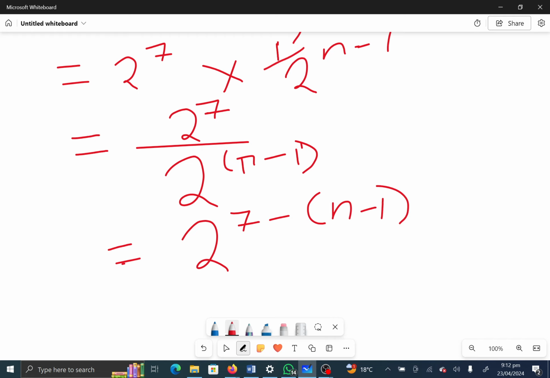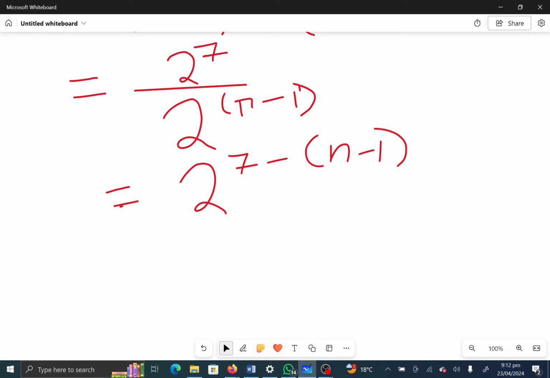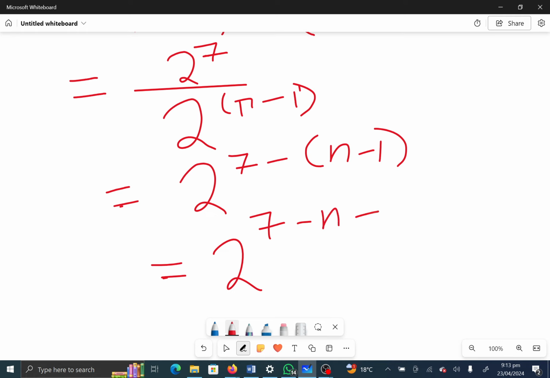So this becomes 2 to the power 7 minus n, since n multiplied by negative gives negative n, then negative multiplied by negative 1 gives a positive 1.